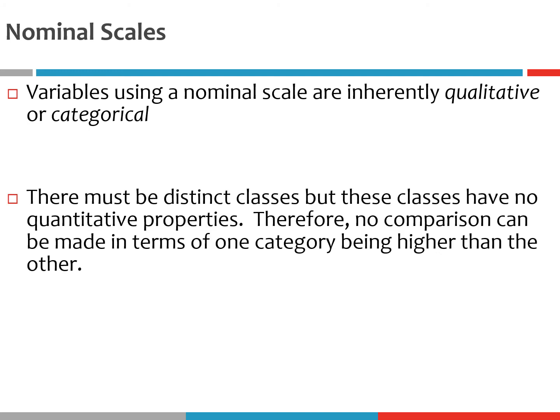Okay? What this means is that there must be distinct classes of the variable, but these classes have no quantitative properties, right? Therefore, no comparison can be made in terms of one category being higher or lower than the other category, right? So there's no natural order with categorical variables, or no property of magnitude with nominal variables.